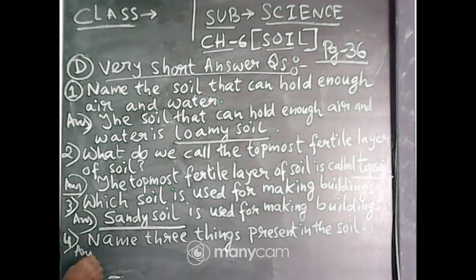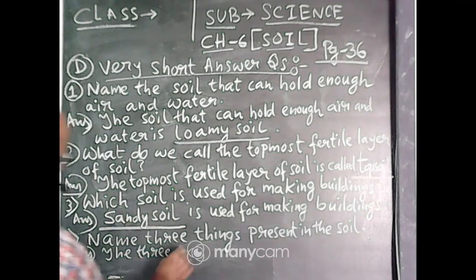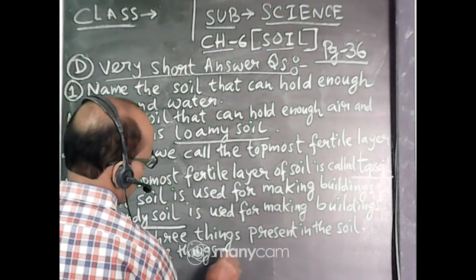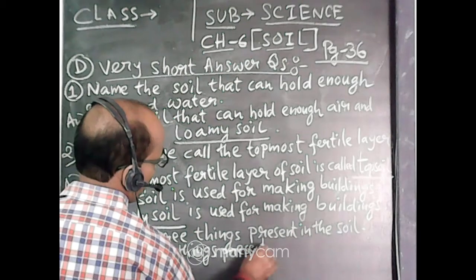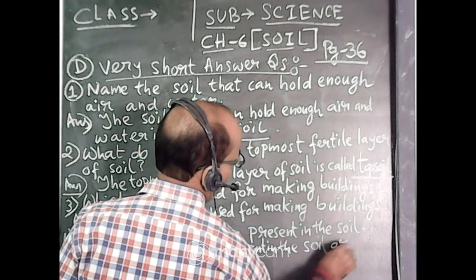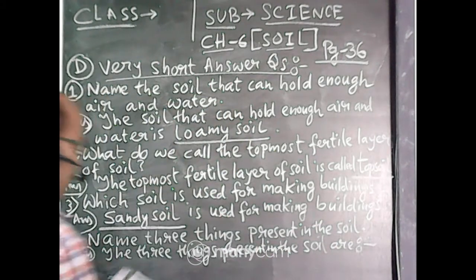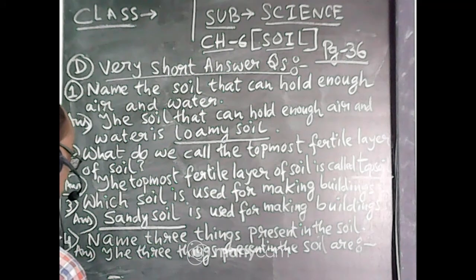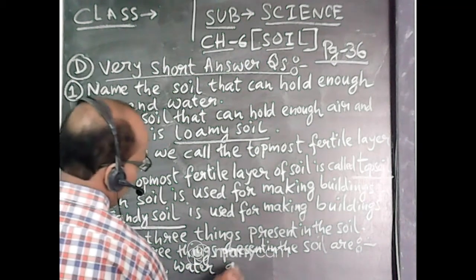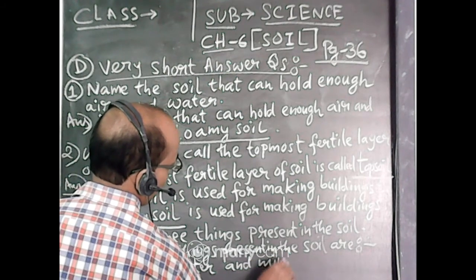Answer. The 3 things present in the soil are air, water, and minerals.